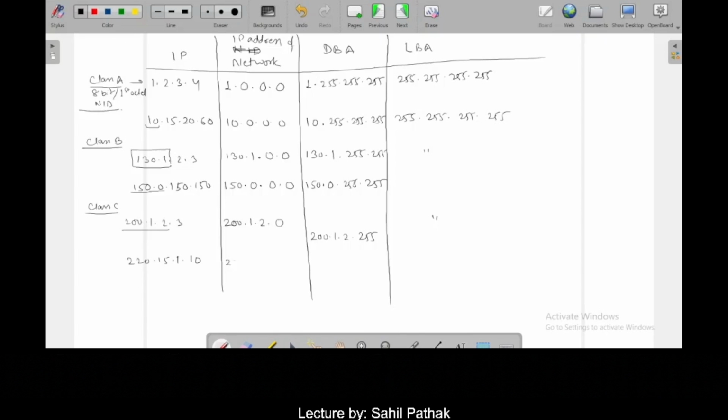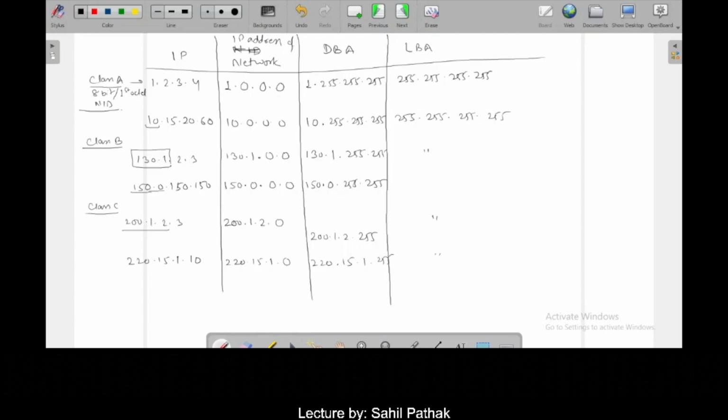So keep the network ID as it is, and by putting all zeros in the host part, we get the IP address of the network, and by putting all ones in the host part, we get the directed broadcast address. And this will remain the same.